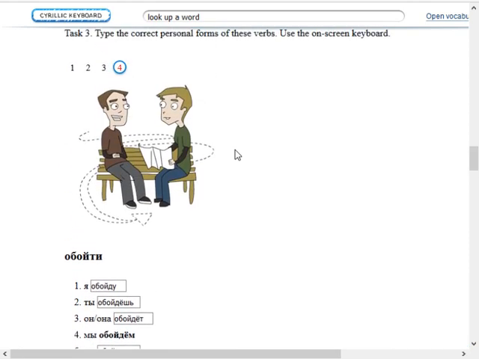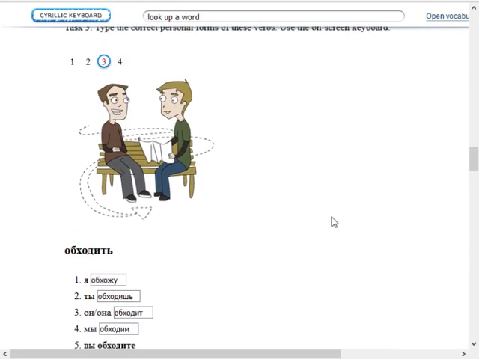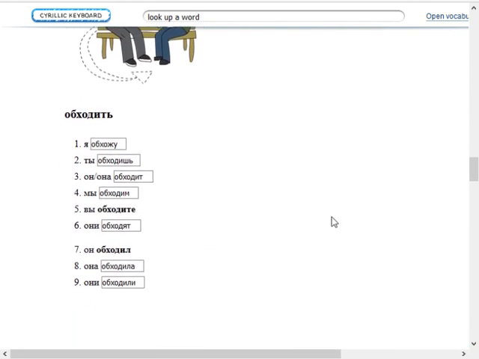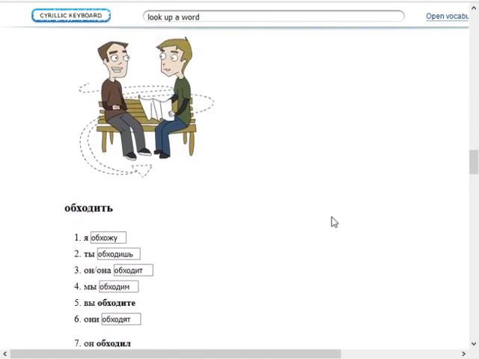This looks correct, looks like the right stuff. Обходить, what is supposed to be here? Я обхожу, ты обходишь, обходит, обходим, обходят, обходила, and обходили. That looks right to me.